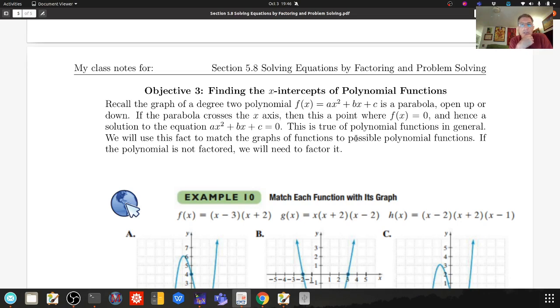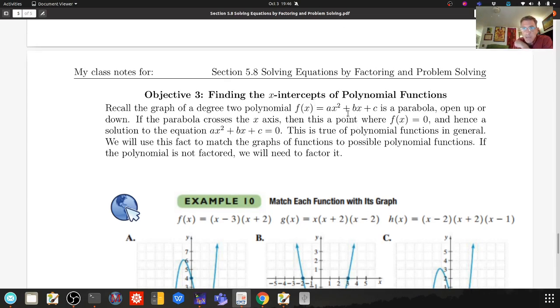If the parabola crosses the x-axis, that means y is equal to 0, which means y is equal to f of x, which means f of x is equal to 0. And hence we have 0 is equal to ax squared plus bx plus c. So this is true of polynomial functions in general. Wherever it crosses the x-axis, y is equal to 0.